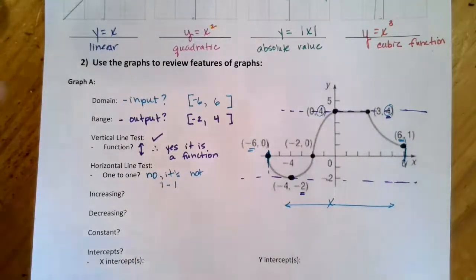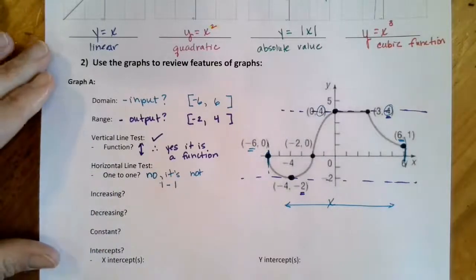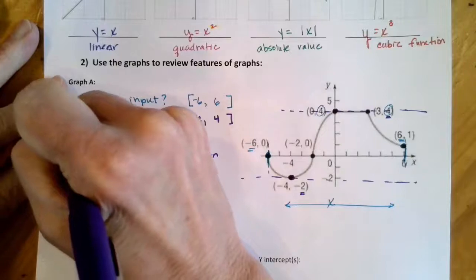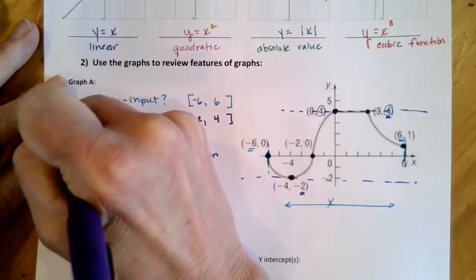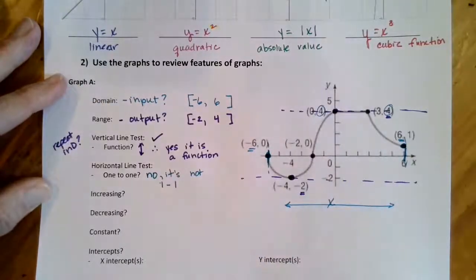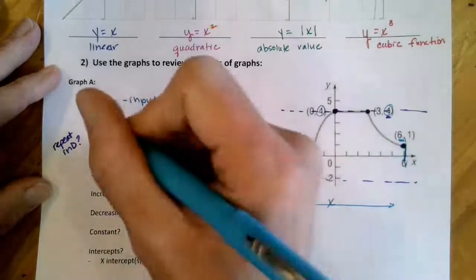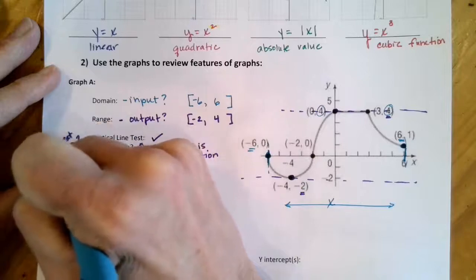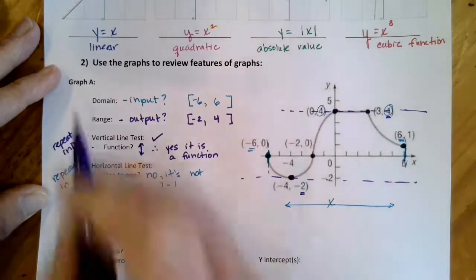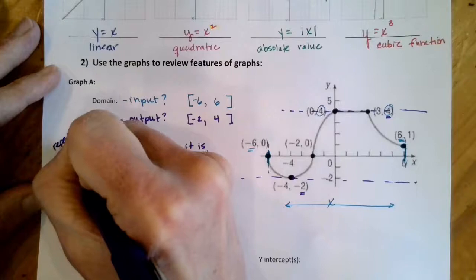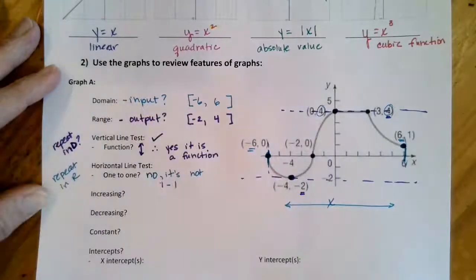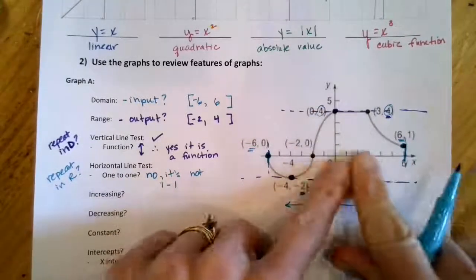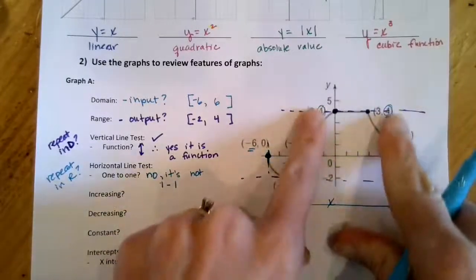So when we talk about vertical line tests, we're talking about, is there a repeat in the domain? Talking about the horizontal line test, we're talking about, is there a repeat in the range of a function? So if there's no repeat in the range, that means that every single input has its own output.